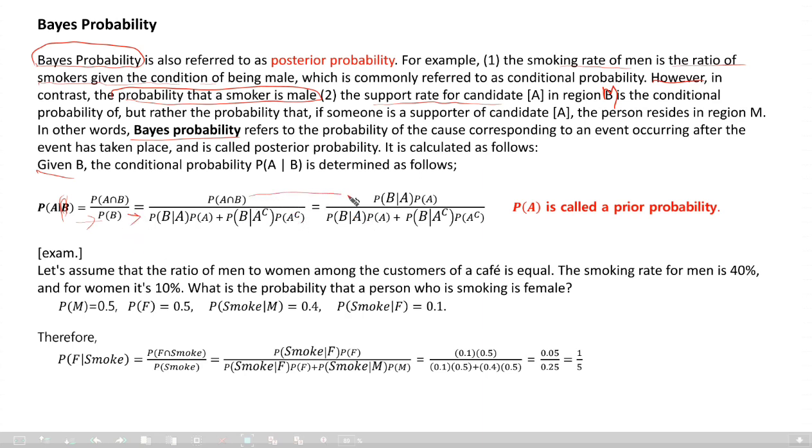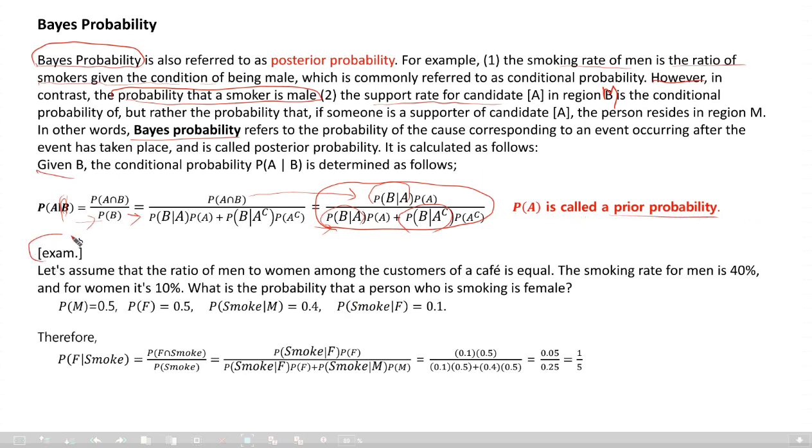And the numerator is probability B given A times probability A. And the same thing here. So this is what I call normal, meaning usual, conditional probability. Probability A is called prior probability.